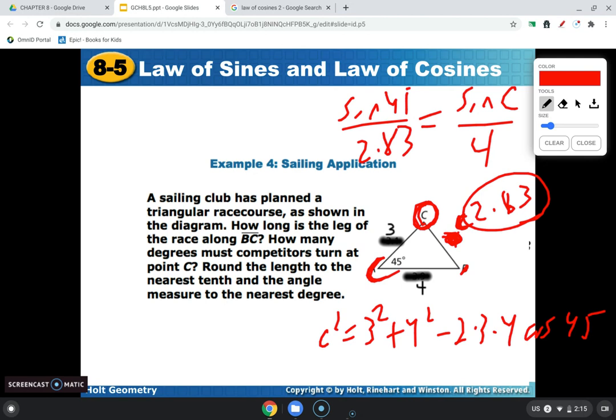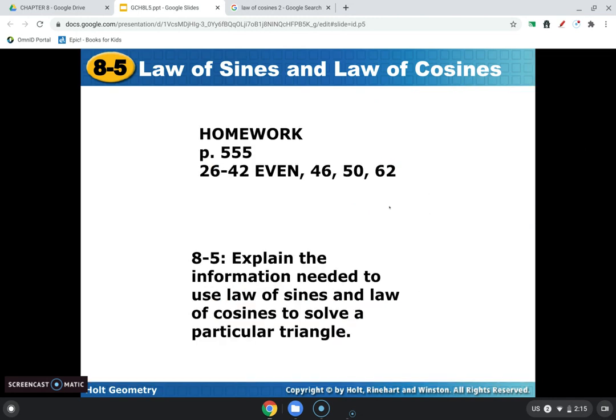So we cross multiply: 4 sine 45 divided by 2.83. And remember, we keep that in our calculator. We're finding an angle here, so our last step is inverse sine of our answer, which gives you about 88 degrees. All right, so get some practice for law of sines, law of cosines. That's a wrap.